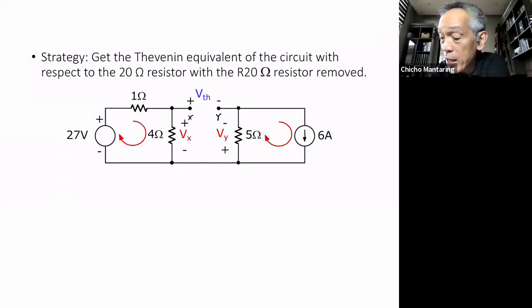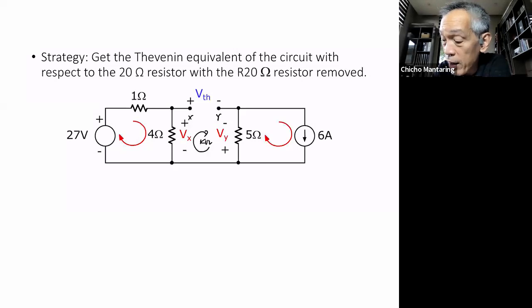How do I compute for VTH? Well, it's really quite simple for this particular example. Let's say I do a KVL here, let's call this voltage V of X, and let's call this voltage V of Y, with the polarities as shown. So kung magti-KVL ako rito, what am I going to get?